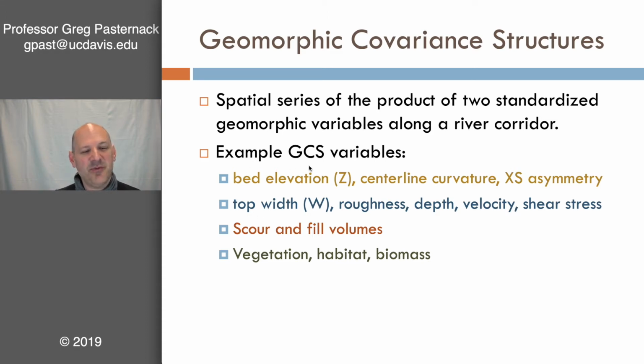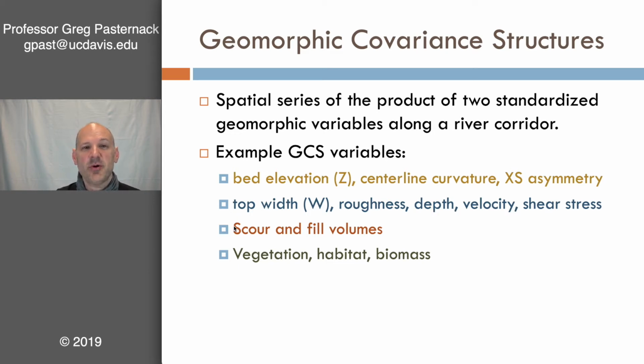And I said width before, but width requires a specific discharge to say it's the width of that thing. But it is geomorphic if you just say bankfull width or valley width or something like it. But in any case, you can have the top width of any discharge. You could have bed roughness or bank roughness, water depth, velocity, shear stress.